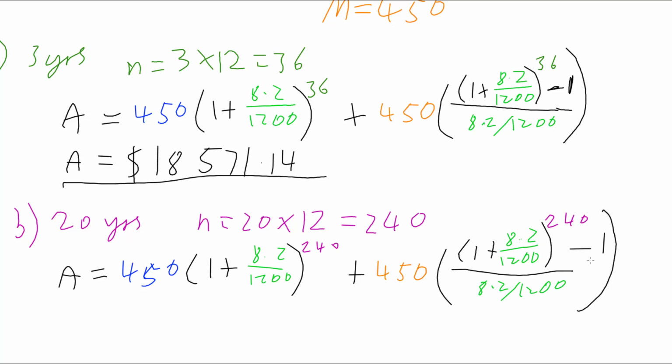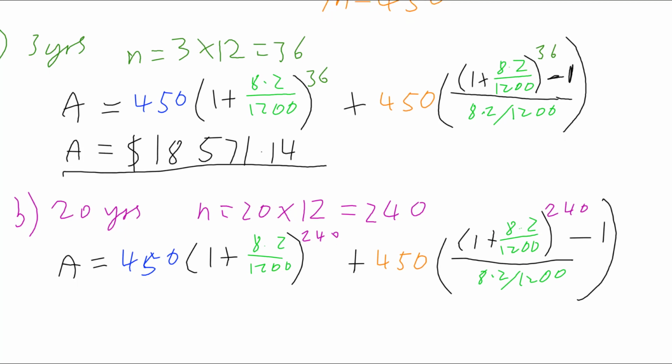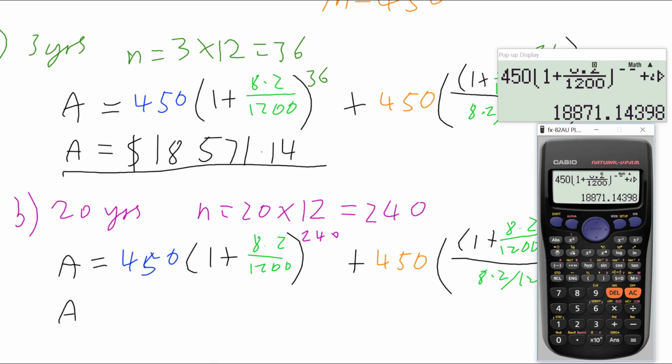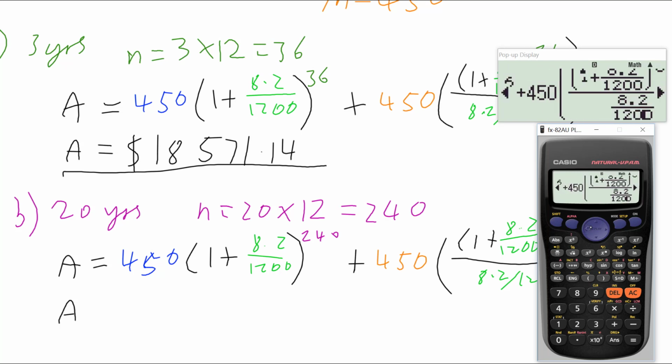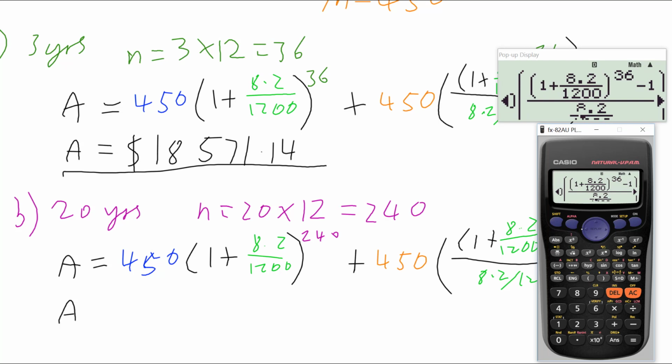So now I've got to go and put all of this into the calculator. But that's okay, we're using a nice new modern scientific calculator. And that actually helps us again, because I can arrow through our rule here, and the only thing I need to change is our power. So I can go up to the power, delete it, and replace it with 240.